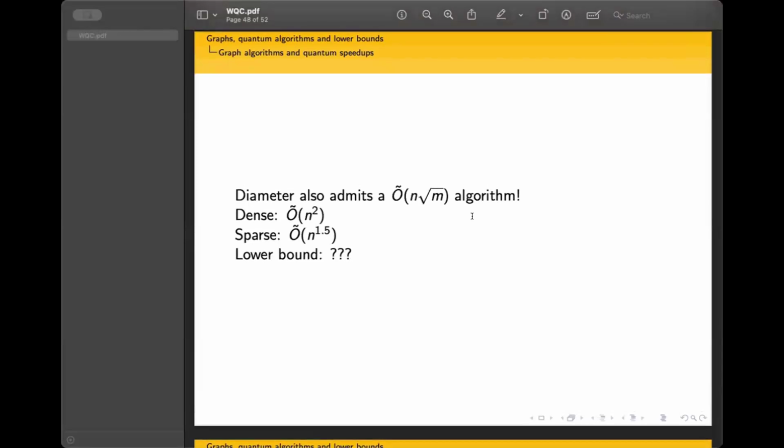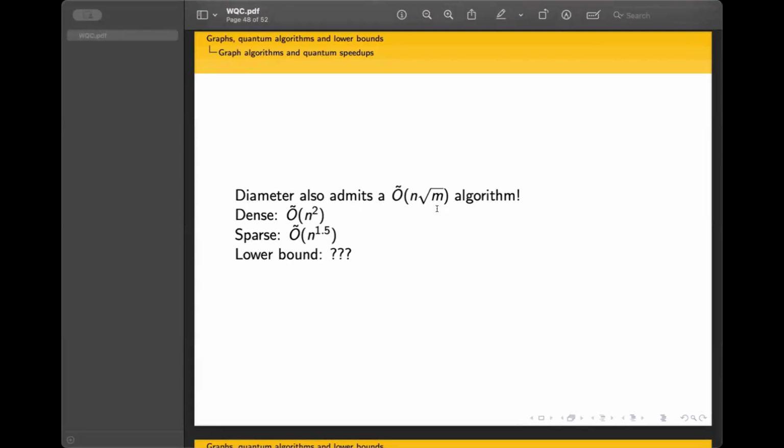So you would like to know what the lower bound is, what is the minimum number of steps that you need quantumly to solve the diameter problem, because so far there are no lower bounds for diameter that would tell you that you can expect some minimum.